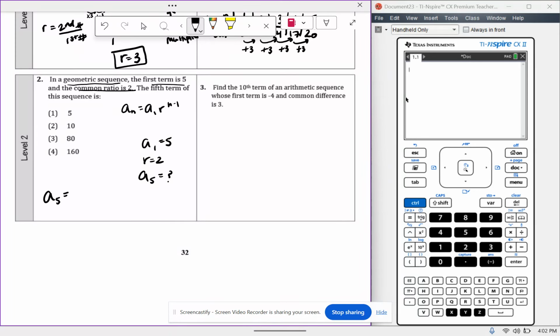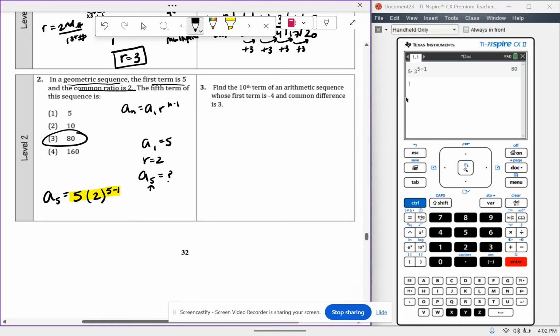I'm looking for the fifth term of the sequence. My first number is 5. The common ratio is 2. And N is the term number I'm looking for, which in this case would be 5. So then I would just type this in my calculator, but only this part. And I get 80. So the answer is 80.